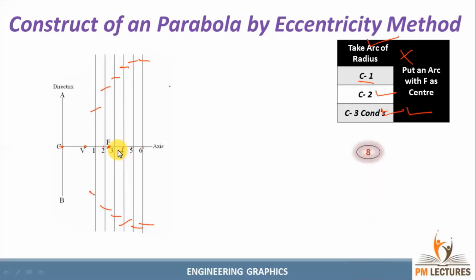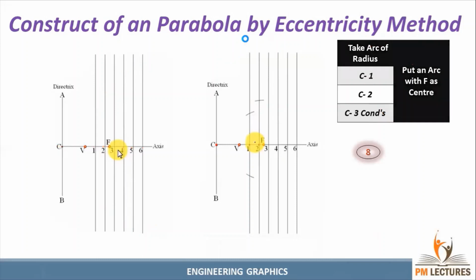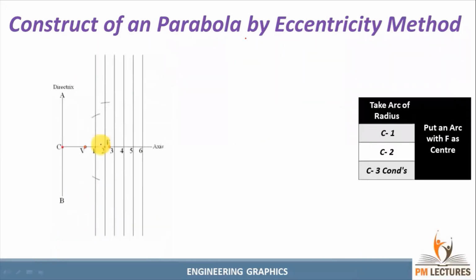See now, the arcs will be like this. After drawing all the arcs, from the V point we need to draw a curve. That curve passes through the arc intersection points. Up to now you can use an H or 2H pencil.